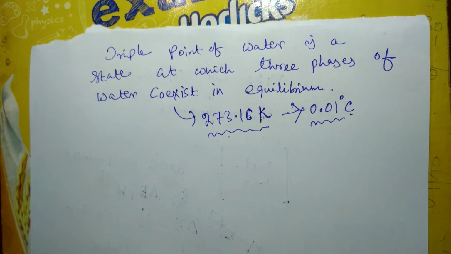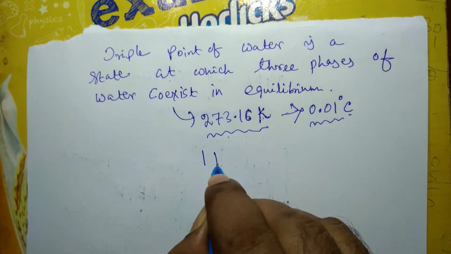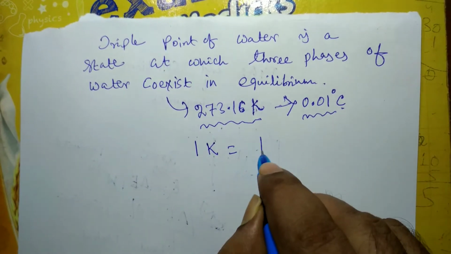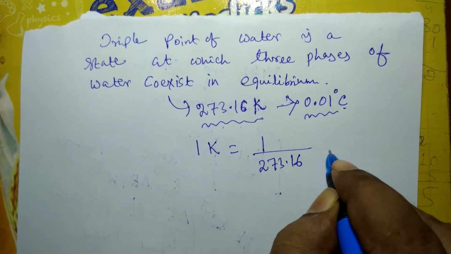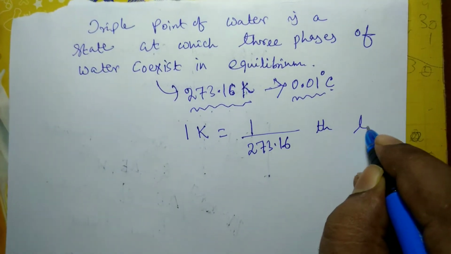So from that time onwards, this triple point has been considered to be the reference point, that is 273.16 Kelvin. That means 1 Kelvin will be 1 upon 273.16 of the triple point of water.